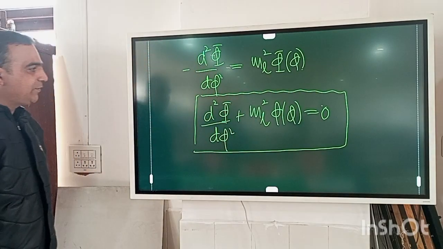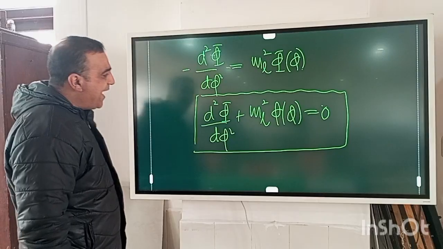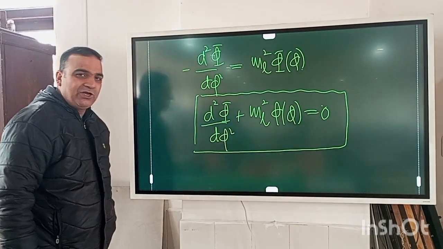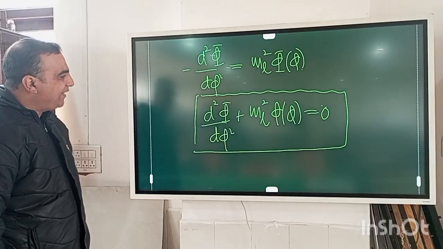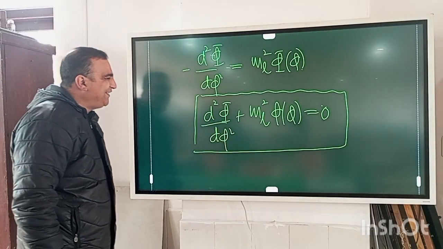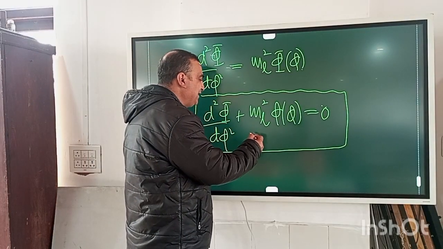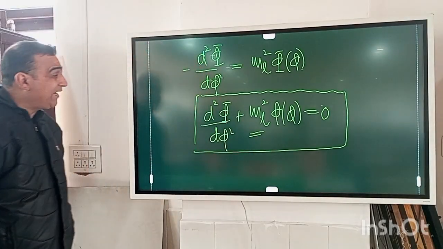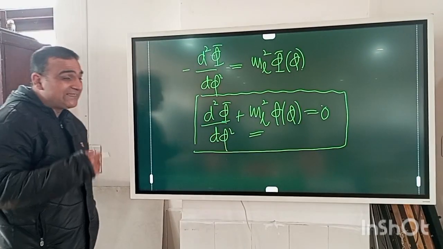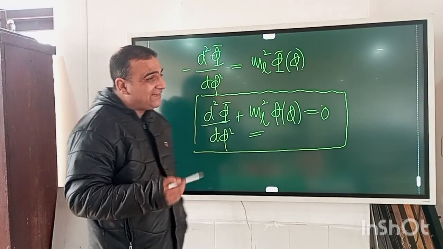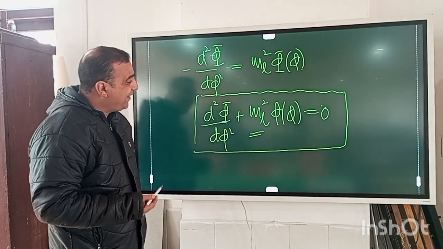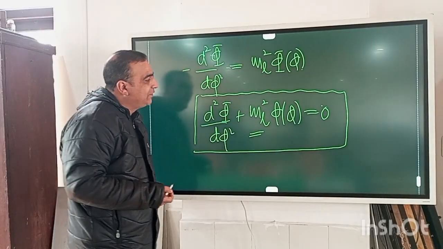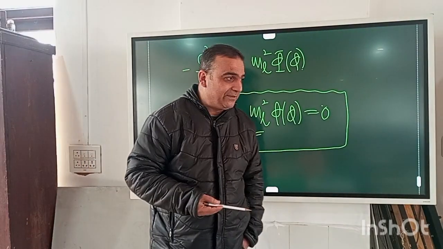So this is my second order differential equation in terms of phi, and I can write down its solution, and I can predict the values of ml, which you will see will naturally act out as magnetic quantum numbers, or what we call azimuthal quantum numbers for the hydrogen atom.